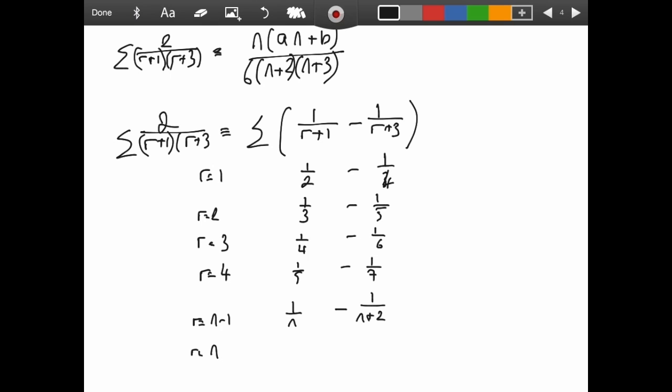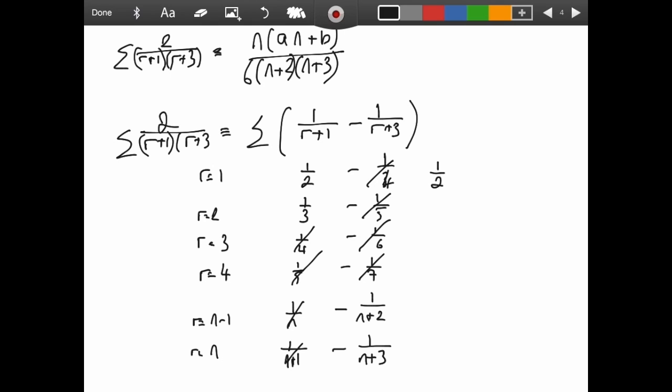R equals n, we get 1 over (n plus 1) minus 1 over (n plus 3). And then we can start cancelling some of these terms out and see what we're going to be left with. You can see if we go down there on the left hand side, we've got 1/4, but we've got minus 1/4, 1/5, minus 1/5, and so on. So you can see we're cancelling from the left hand side, but going upwards and back to do the cancellation.